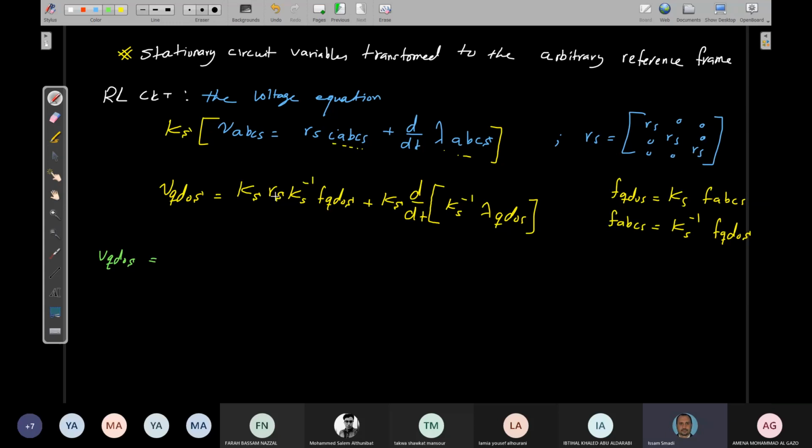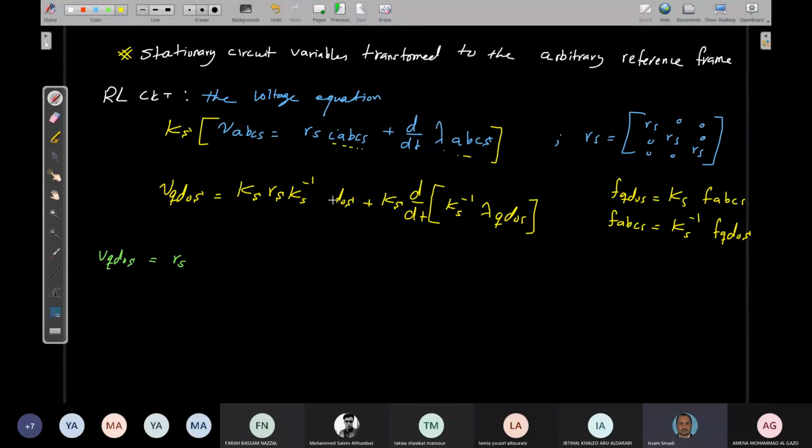Now, because this one's diagonal, I can get RS out, and I will get KS inverse, which is the identity. So this will be RS. Here, this one is the current. Yeah, it's a current, thank you.